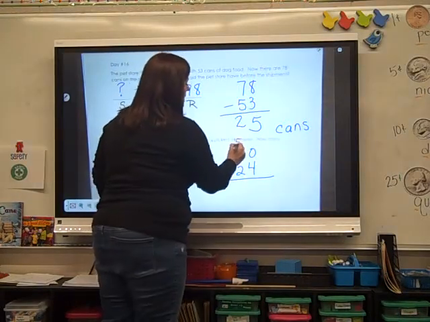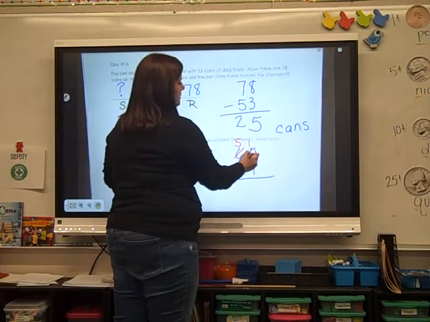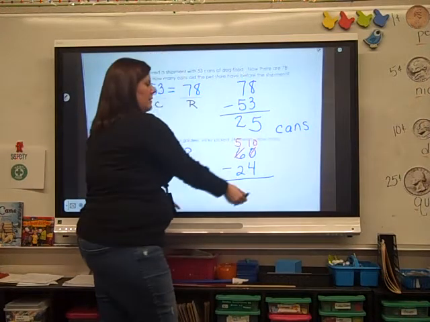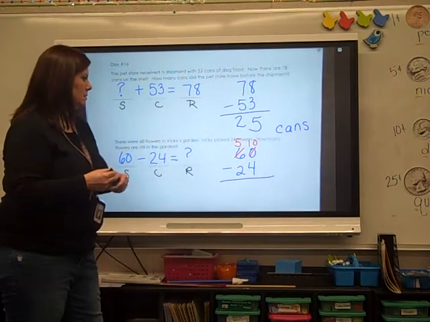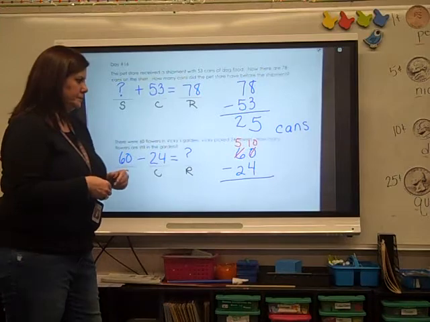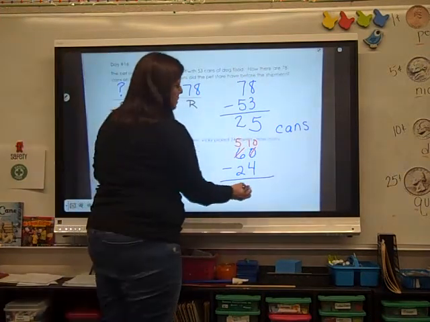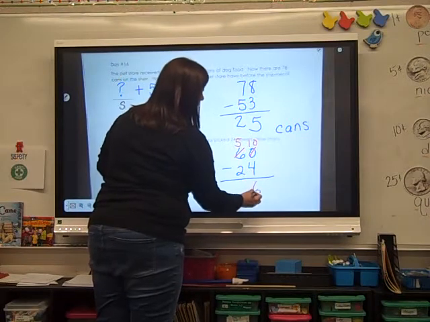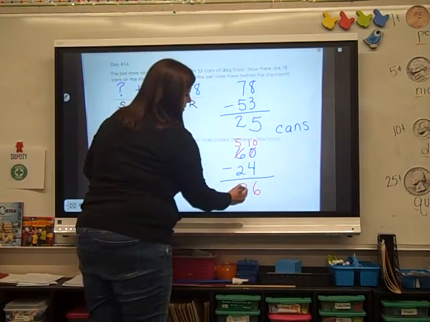This should be pretty easy for you guys. You were doing awesome with it. So move your 10 in with the 0. If you didn't have that, go ahead and finish. All right, 10 subtract 4. 5 10s, subtract 2 10s, 3 10s.